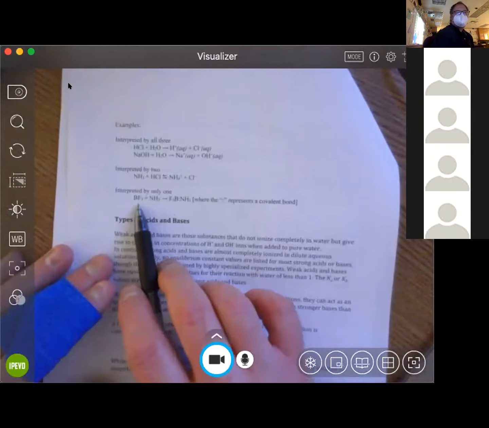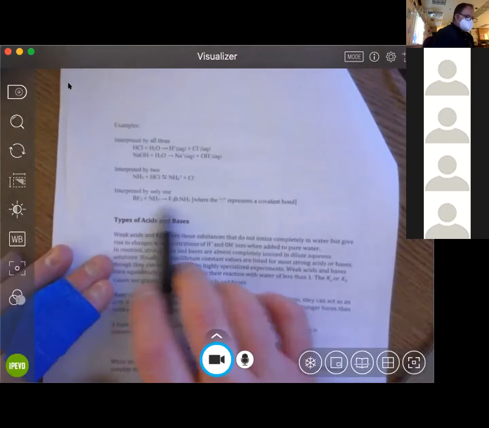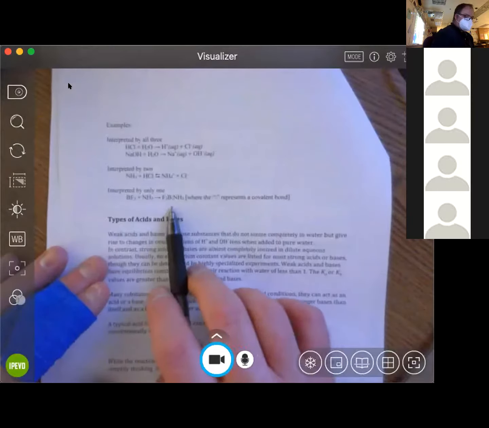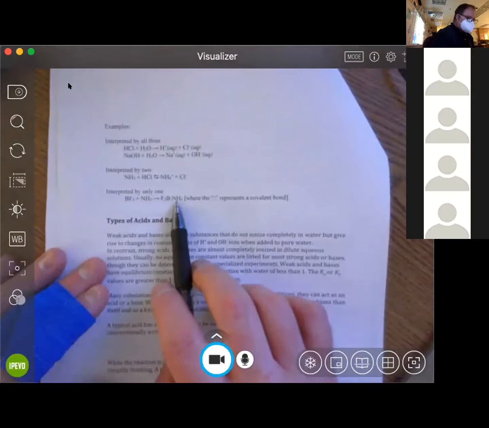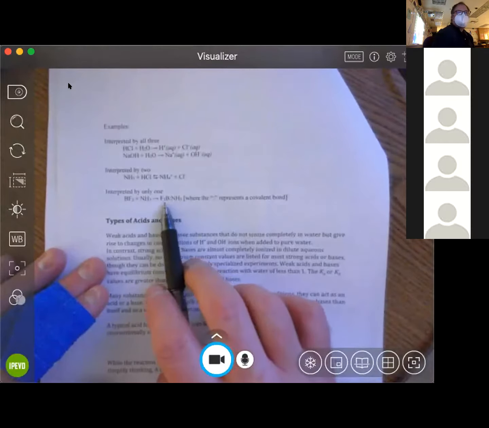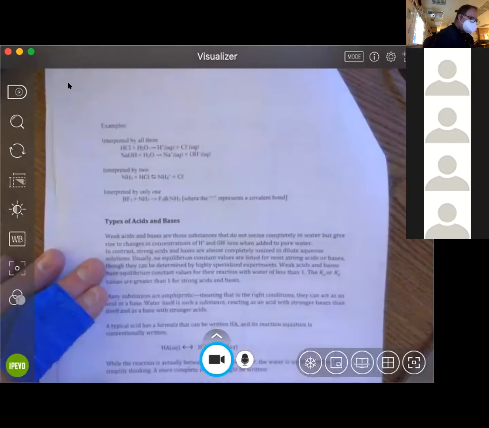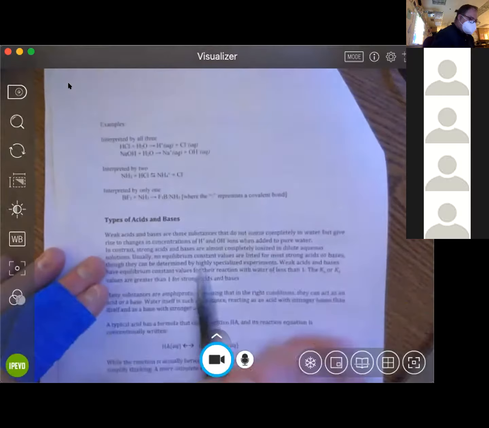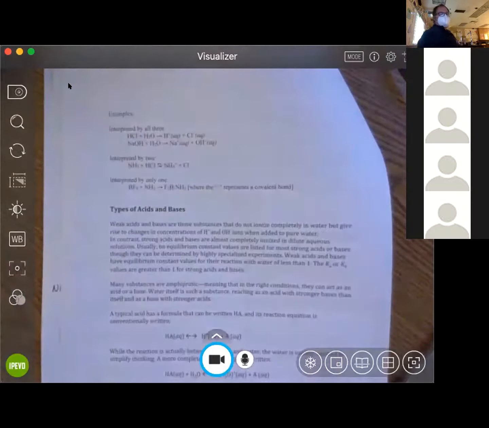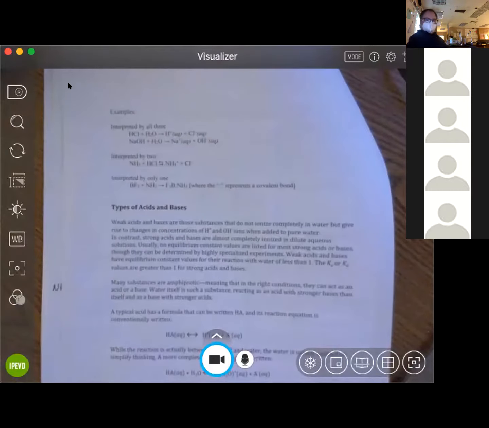If we take BF3 with the NH3, this is what we call a coordinate complex ion. The NH3 has given the electron pair to make a bond between the BF3 and the NH3. So that is a complex ion. That's not one that we are used to seeing, but if you are looking at old reviews, you will see that.